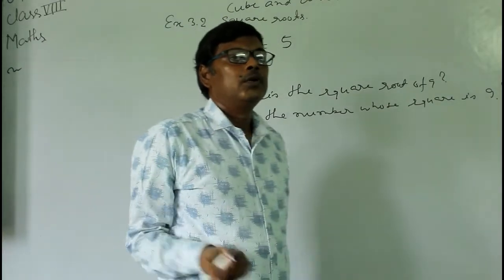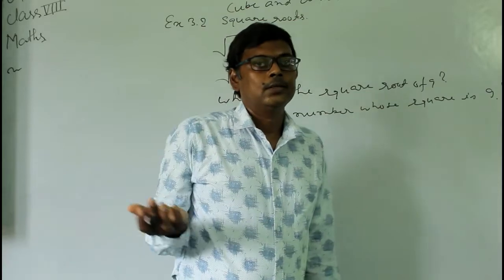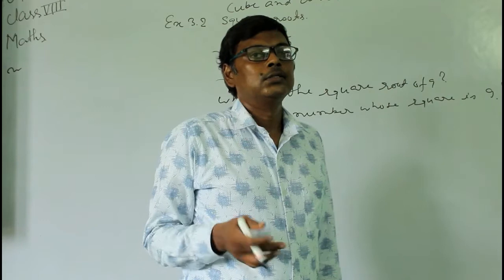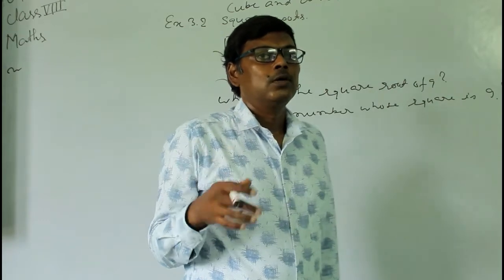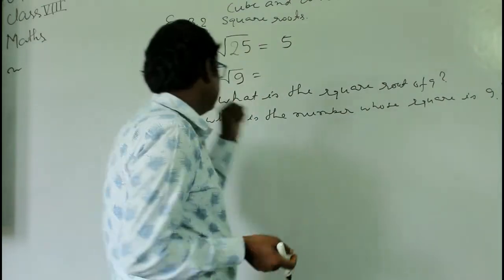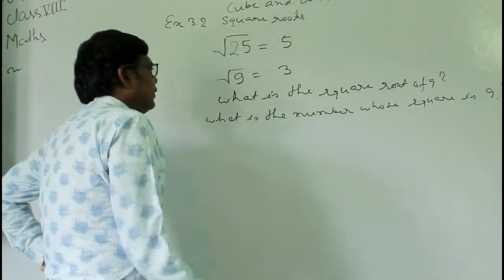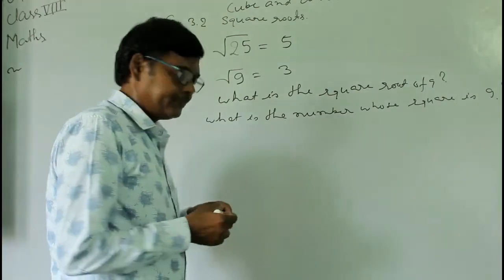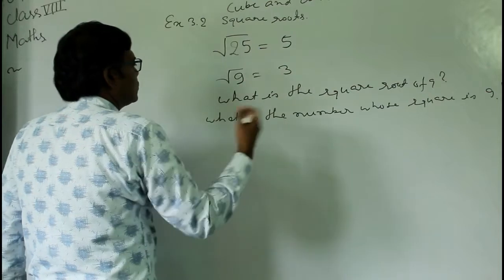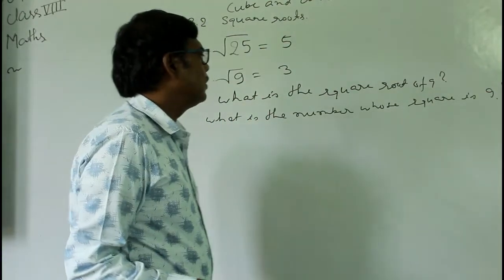So we have to find the number whose square is 9. Which number has the square 9? If you square it, you will get 9. That is 3. So here the answer will be 3. Similarly, just reframe the statement, then you will get the answer easily.